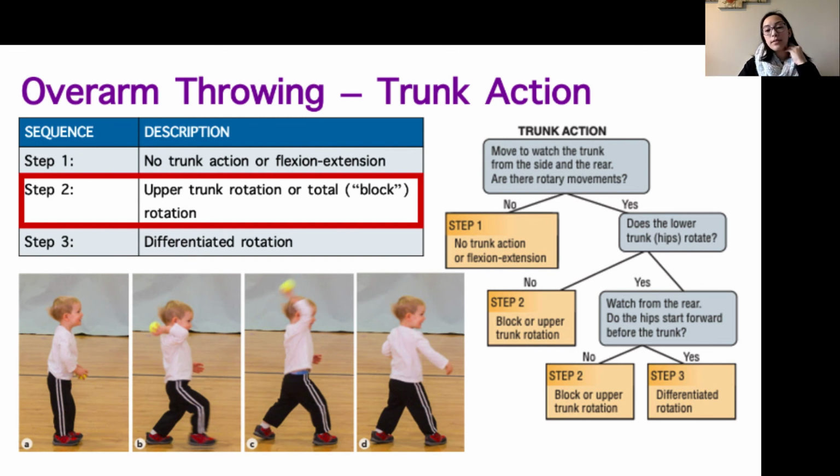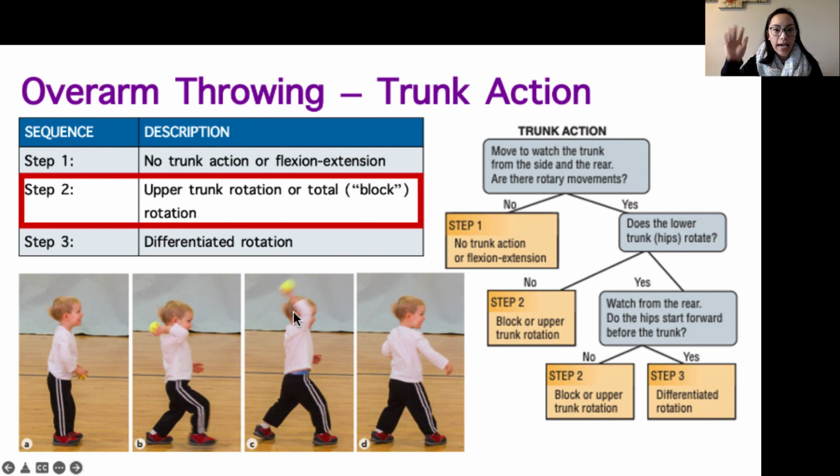Sometimes only the upper spine will twist away, where the pelvis stays facing wherever the target is, so that's where you would distinguish more upper trunk rotation. But in either case, you're either moving as a whole or your lower half is not moving and your upper half is. Okay. So this one is kind of a good example.